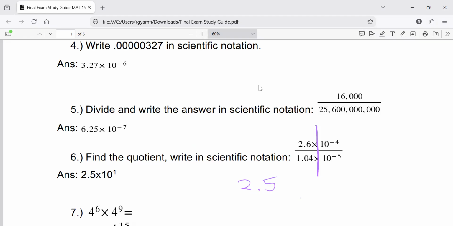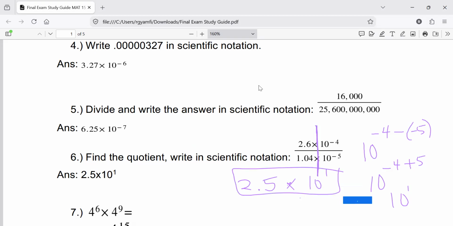So that helps us. Now we're waiting for the exponent part. Now 10 to the power negative 4 divided by 10 to the power negative 5. The rule says you should subtract them. So minus negative 5. And negative times negative is positive. So I have a plus 5, which gives me 10 to the power 1. So times 10 to the power 1. And that's it.